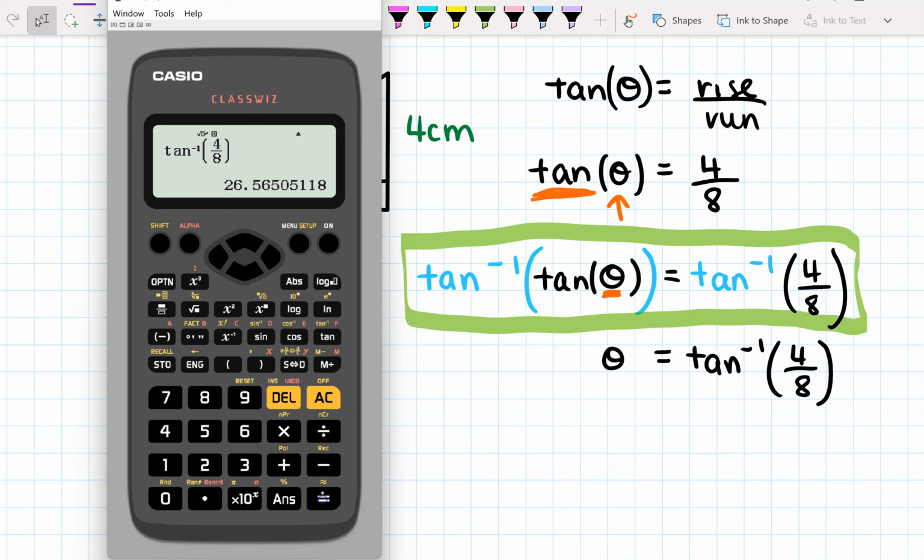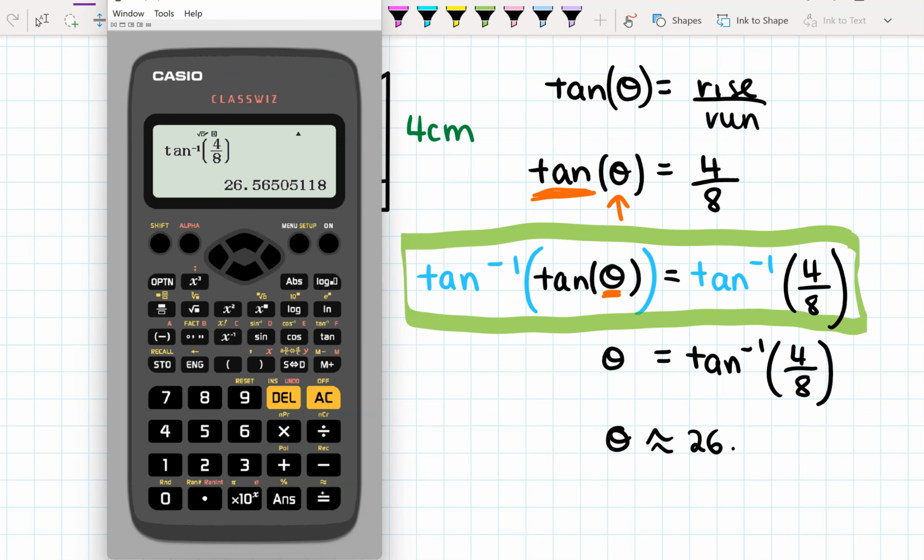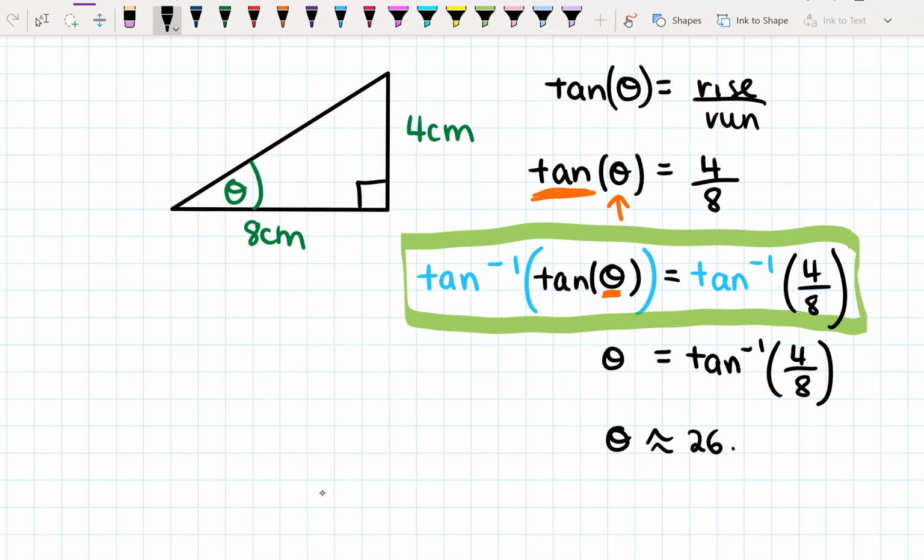So theta is equal to 26 point, let's round to 2 decimal places. Theta is approximately equal to 26.57 degrees.